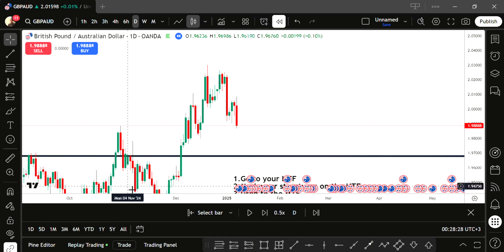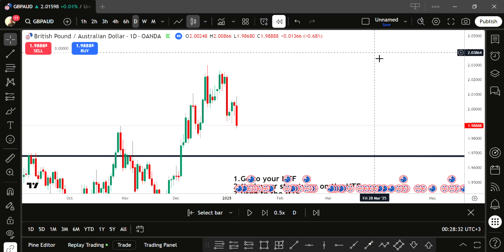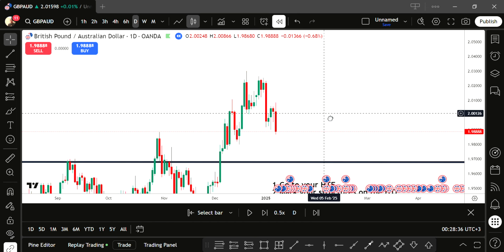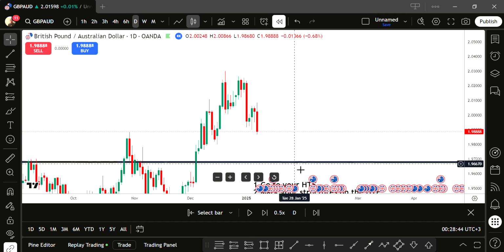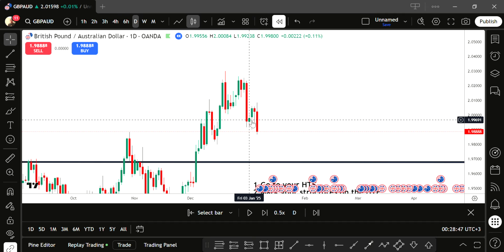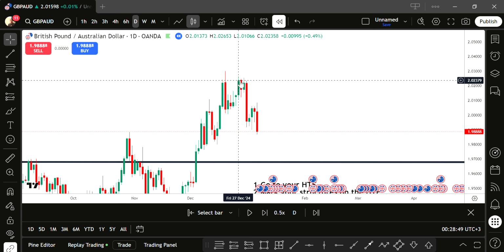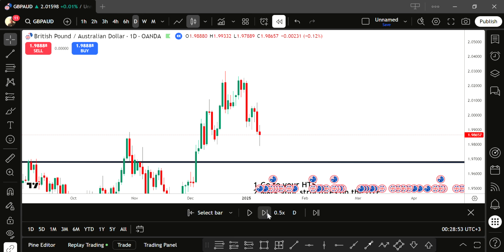Why? Because this looks like a break and retest, and then we can go to the upside. Without that, I'm not interested in anything to do with this pair. So I'm just going to be waiting patiently as price drops to the zone. If it doesn't, I'll be interested if it breaks the above zone here. So I'm just going to play price forward again.